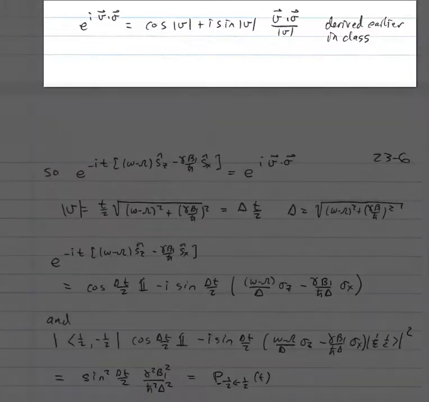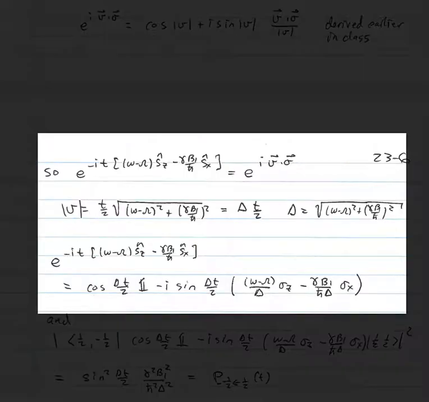So what we find, we can immediately get, we have to identify what is vx and vz in this v dot sigma. So we look carefully at the exponential. We find that the modulus of v is equal to t over 2 times the square root of (omega minus big omega) squared plus (gamma b1 over h bar) squared. We're going to call that capital delta times t over 2. Capital delta is equal to that square root.